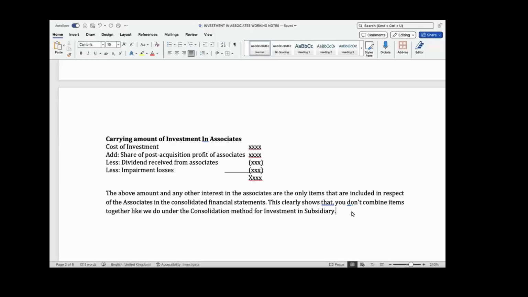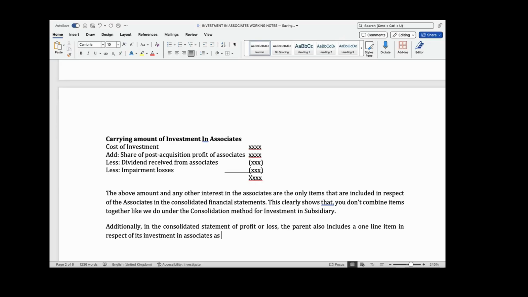However, or additionally, in the consolidated statement of profit or loss, the parent also includes a one-line item in respect of its investments in associates as share of post-acquisition profit of associates.